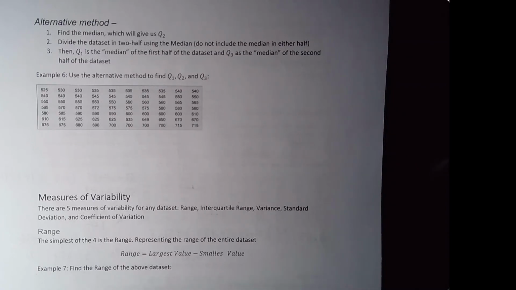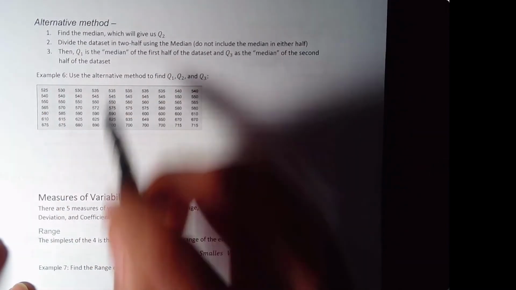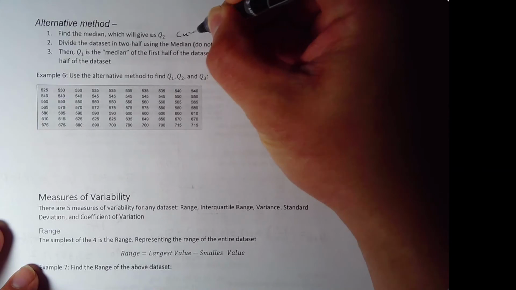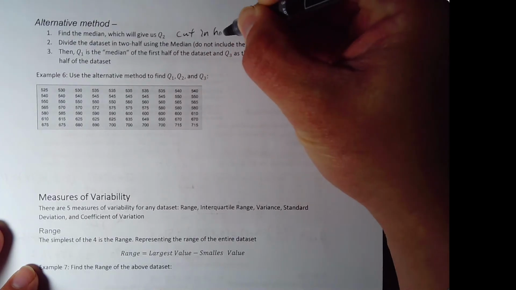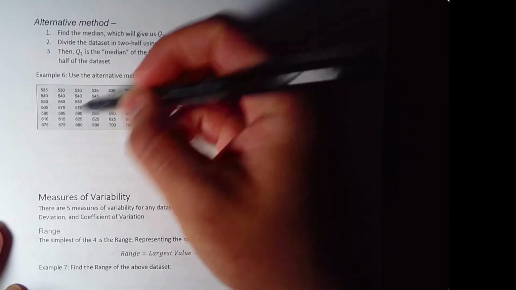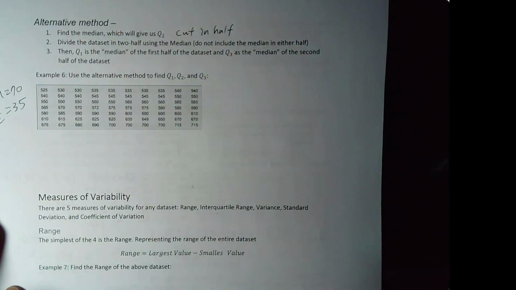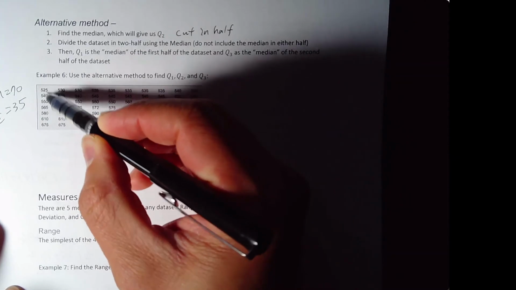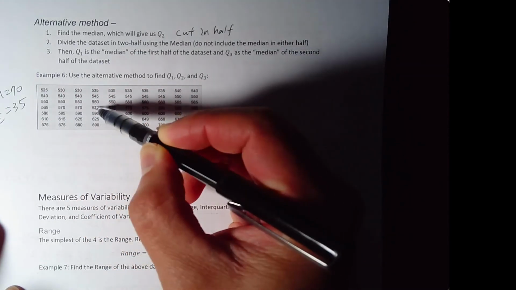For the alternative method, the first step is to find the median, basically cutting the data in half. Now we know that n equals 70, and n divided by 2 equals 70 over 2, that is 35. So we can cut the data in half completely. Let's just count to 35: 1, 2, 3, 4, 5.